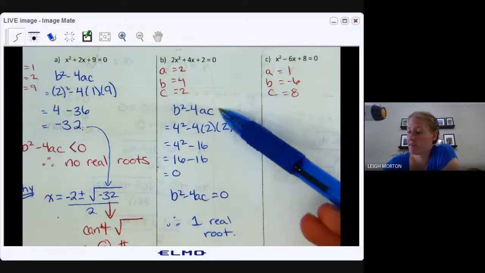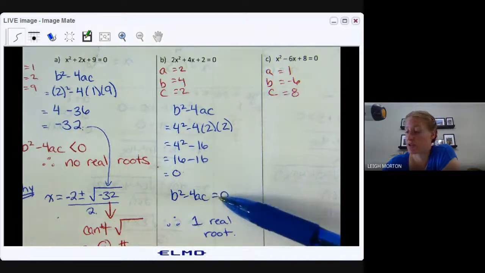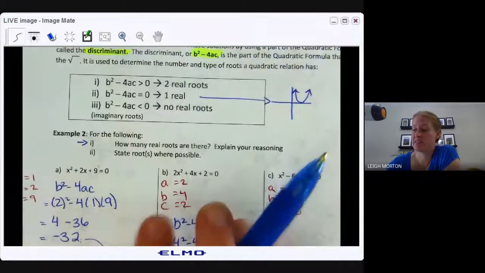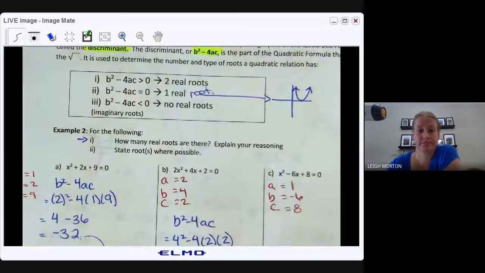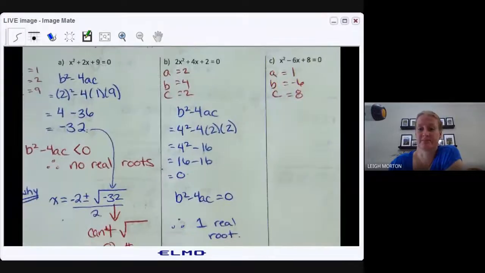For B, when I sub everything in, I end up with 16 minus 16, which gives me 0. Well, our discriminant is equal to 0, which we know means there's one real root. Do the same for C, please.